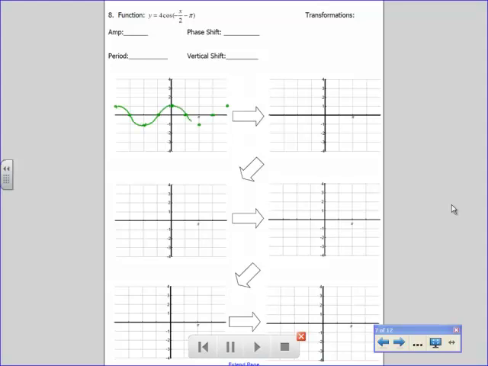Vertical stretch is going to come first as your first step. You're going to take every y value and multiply it by 4, which is going to move anything that was at a 1 up to a 4. Anything 0 stays a 0. Anything -1 becomes -4. Once you get the pattern, continue the wave and then connect with a nice smooth curve.